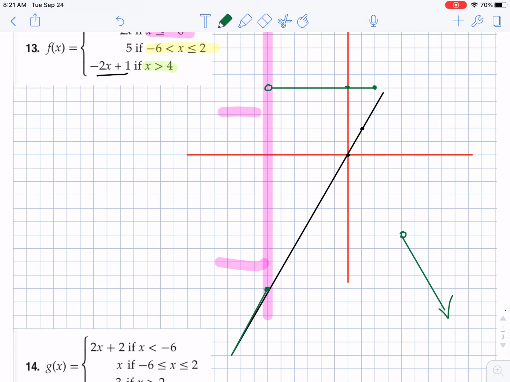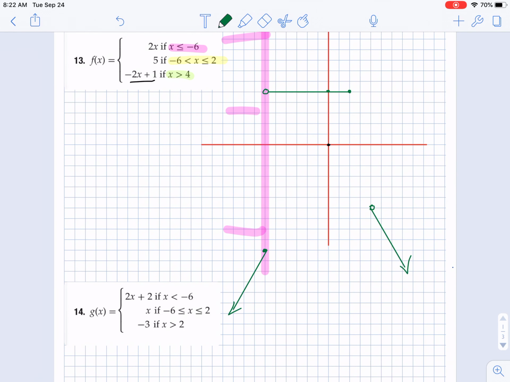I extend it. I missed it. Still missed it. One more time. There we go. And now I'll go back and erase the black line, because all I need is the green line underneath. So that's the graph for all of that, right? So there's a lot going on there.